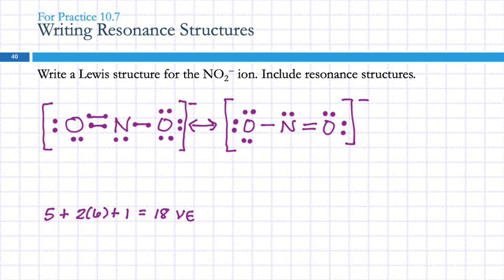Most of the resonance structures we're going to see always involve a double or a triple bond, and it's just a matter of where we're putting it. Here, between nitrogen and oxygen, or this is just another oxygen, these are equivalent, right? So this one or that one, we can draw both.